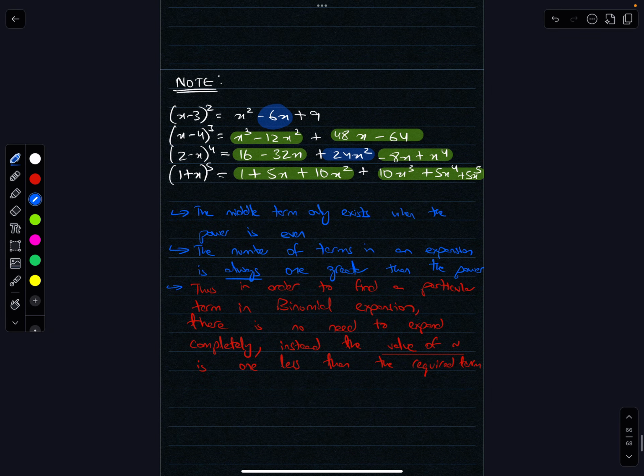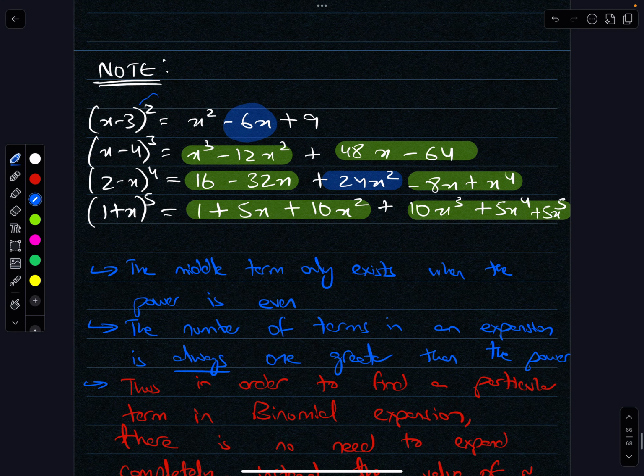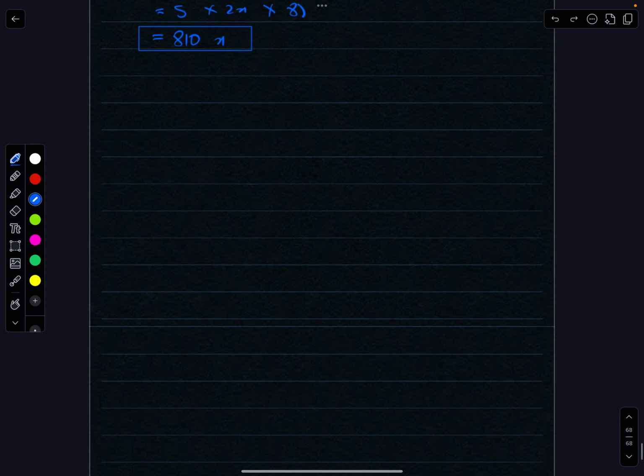Now I also talked about the middle term here. Whenever we had the power as an even number, a middle term existed because the number of terms were odd. The number of terms is always one greater than the power. Thus, we can establish another fact.